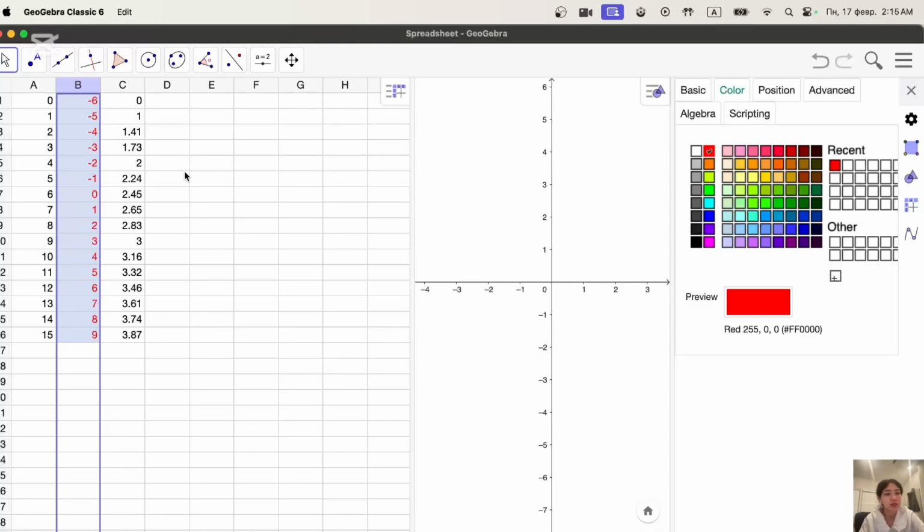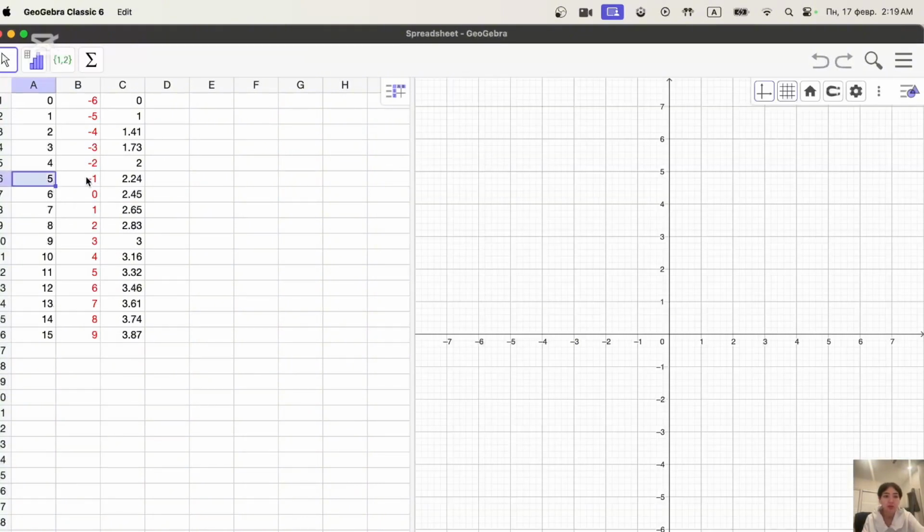And now let's click on any cell in column A, then observe how the corresponding points change in the graph view. So let's repeat this for column C and observe changes.